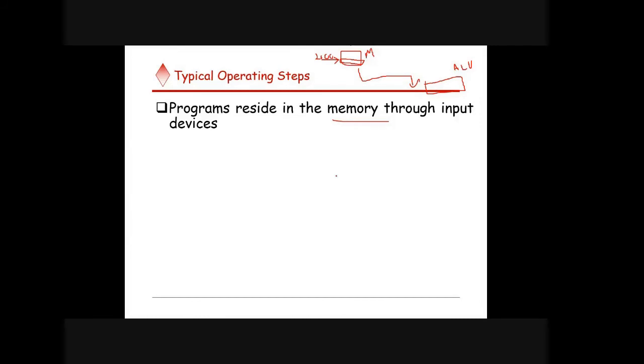Now we'll see what all the steps involved are. We assume that the input has been given from the input device and stored in the memory, so your instruction is already stored in the memory. Now, how is it taken from memory to the processor, and how is the processing result stored back into the memory? That is the instruction operating steps we are discussing now.